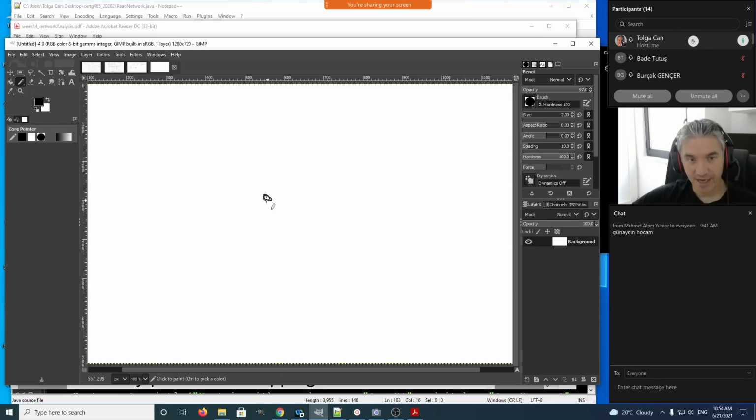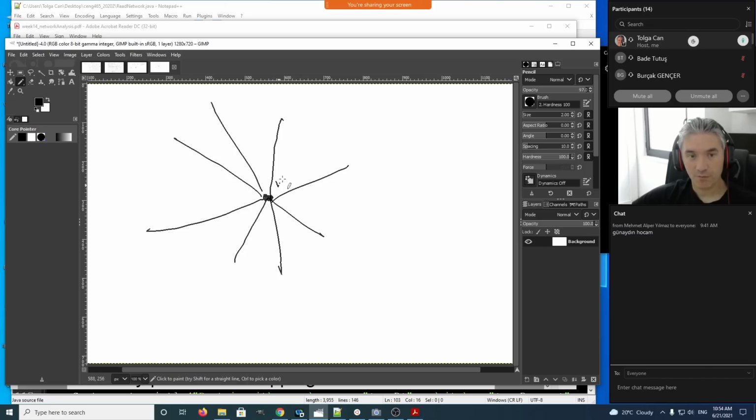Imagine we have a node and it has some neighbors. So this is a node V, a vertex. It has, for example, let's label them 1, 2, 3, 4, 5, 6, 7, 8, 9. Okay, so it has 9 neighbors.